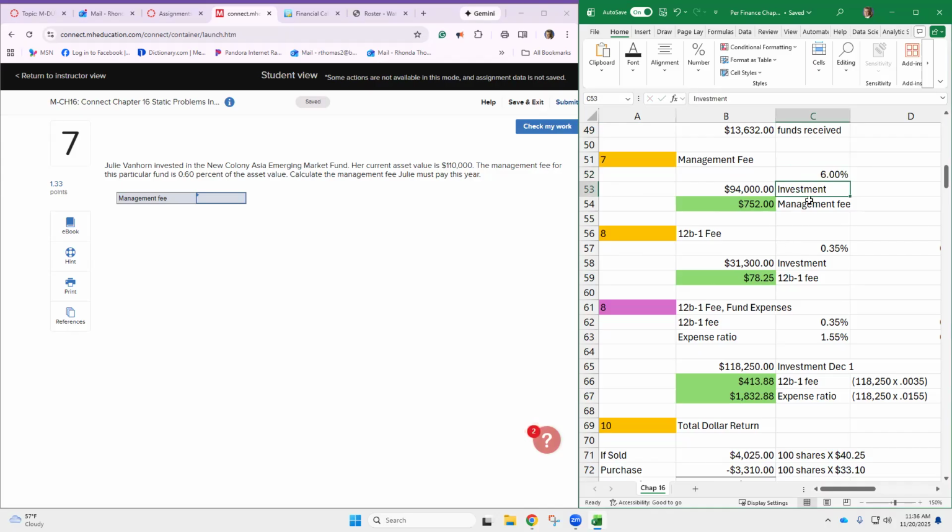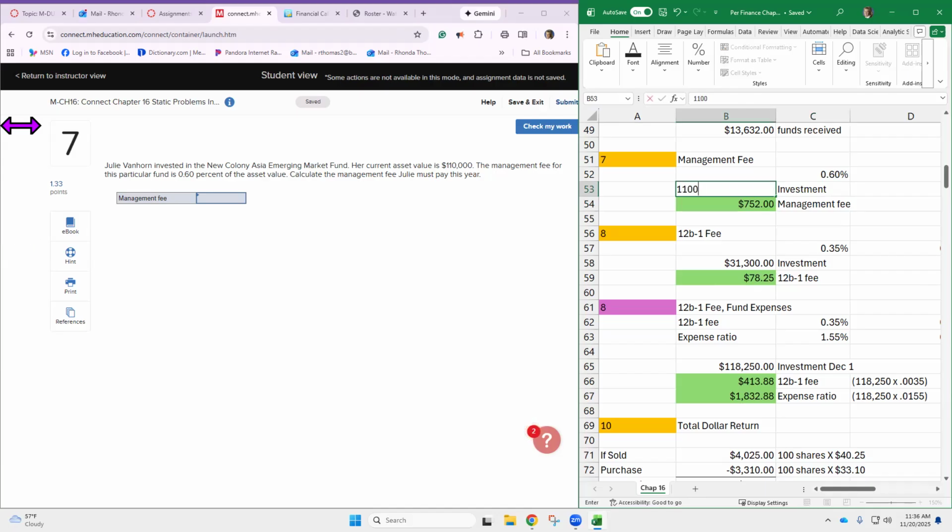0.006. Okay, and I've got this in here in percentages. All right, so there's what I want. If you get too big of a number, go back and make sure that you've put in the right percentage, because it should be fairly small compared to the account value.